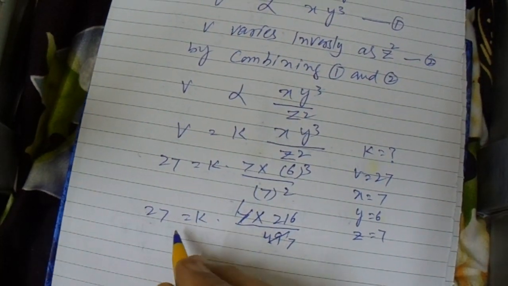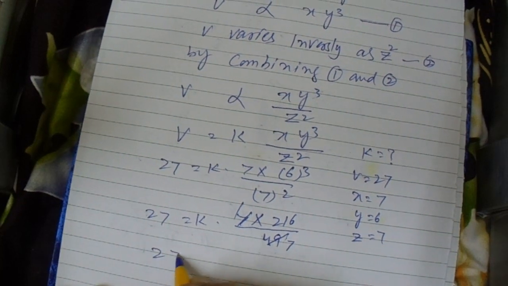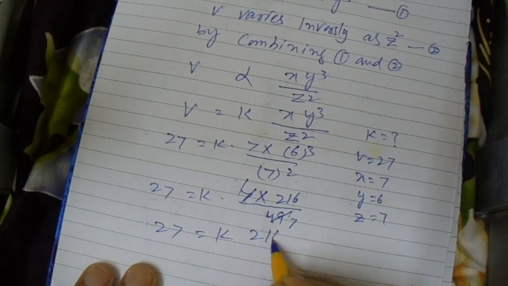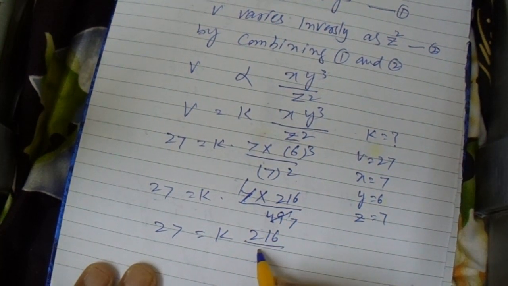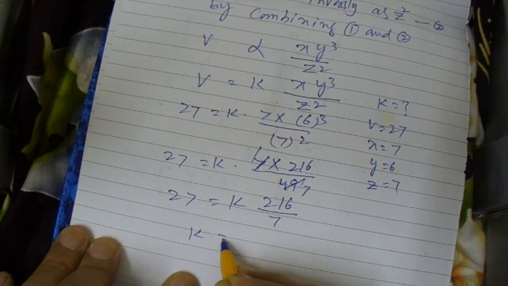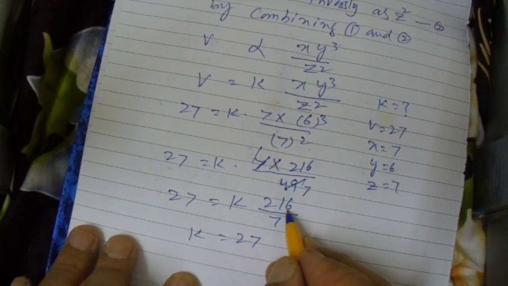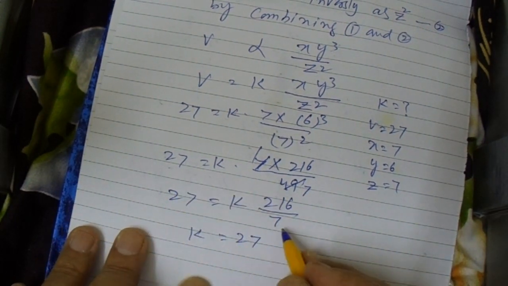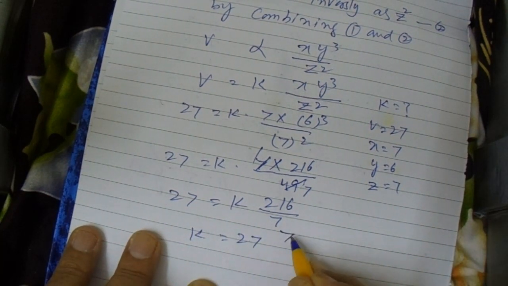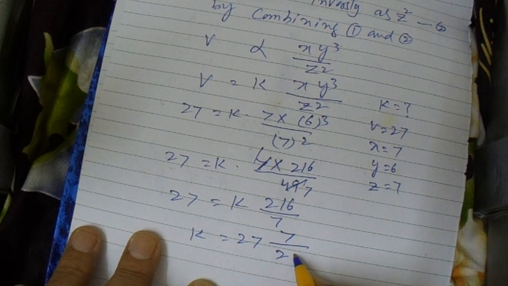And we write here 27k is equal to 216 over 7, and k is equal to 27, and this will become the reciprocal of this. Then go to the left side and write 7 over 216.